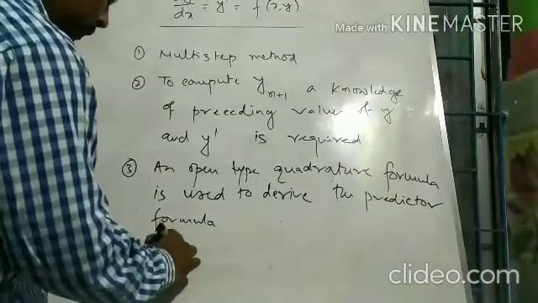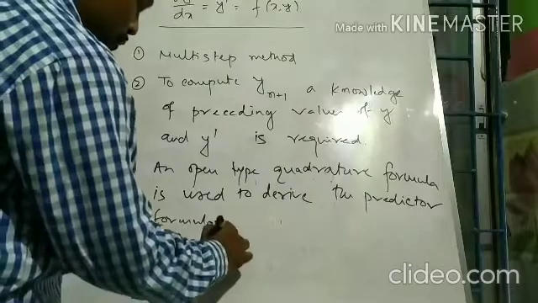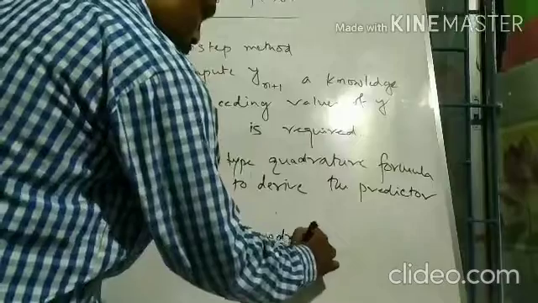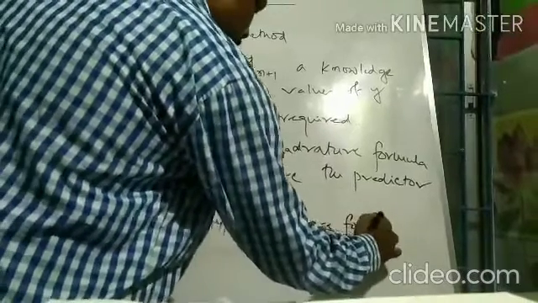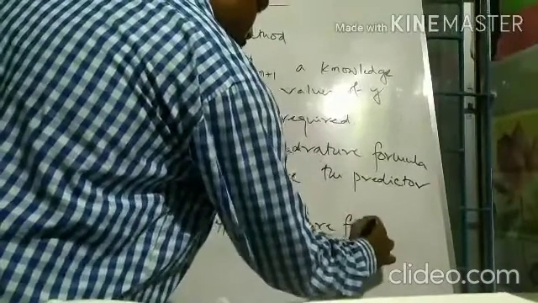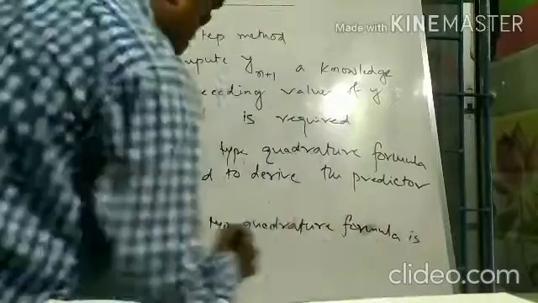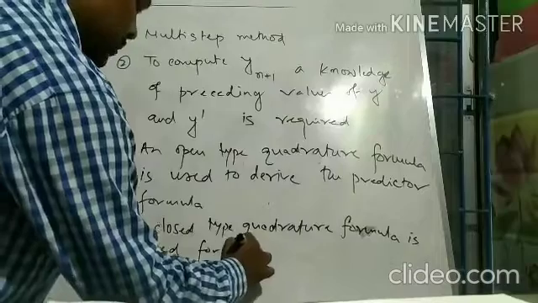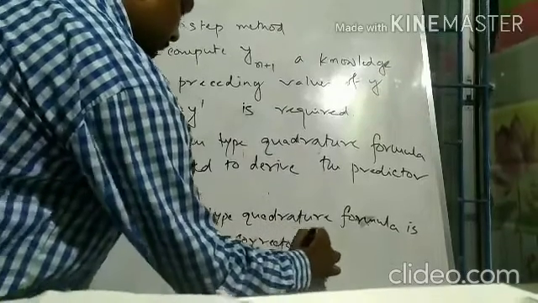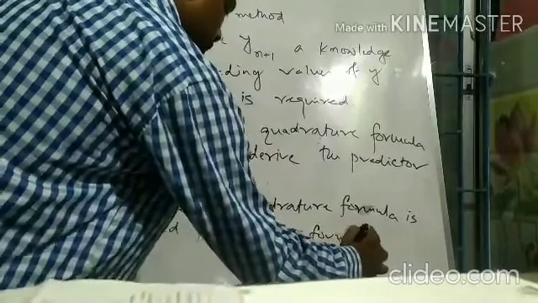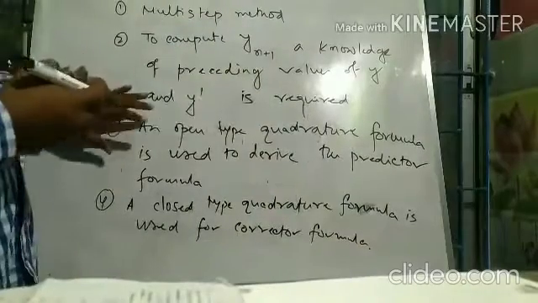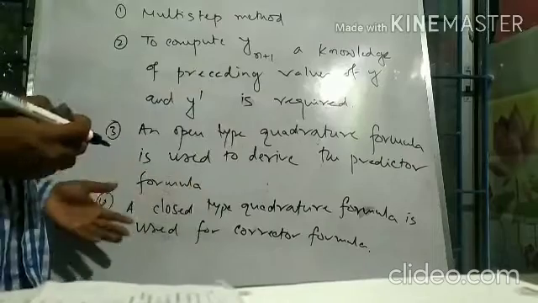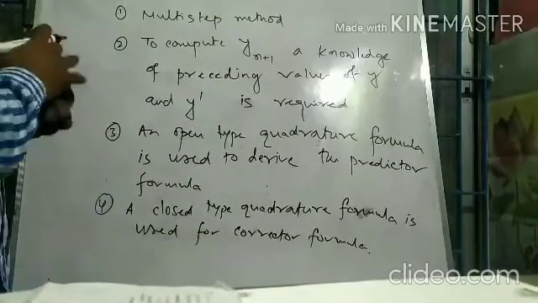So the predictor formula is derived from an open type quadrature formula and the corrector formula is derived from a closed type quadrature formula.